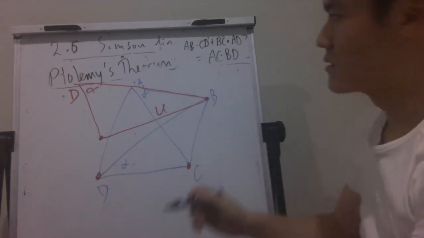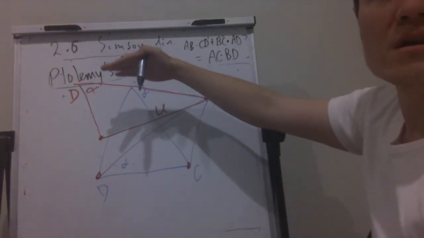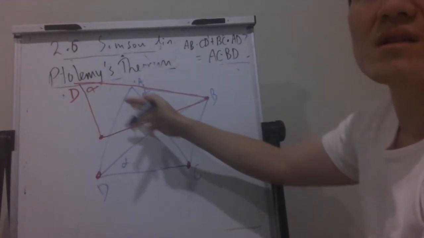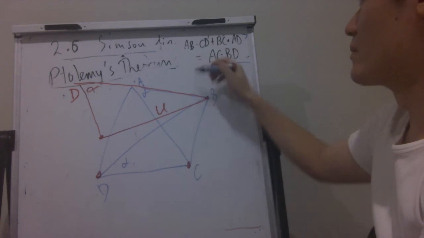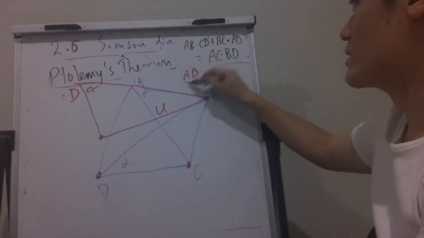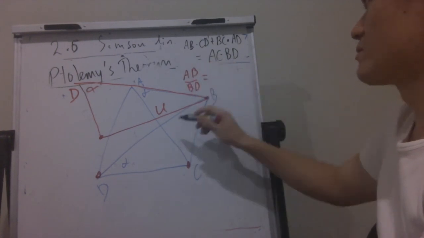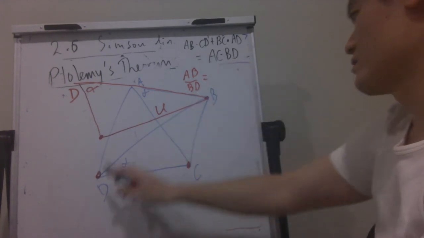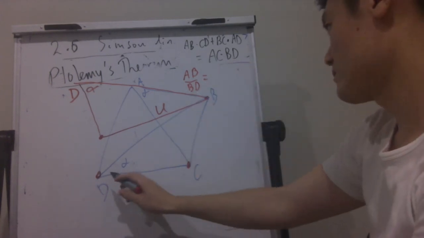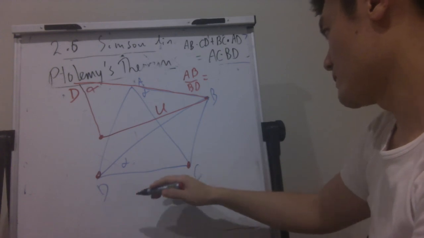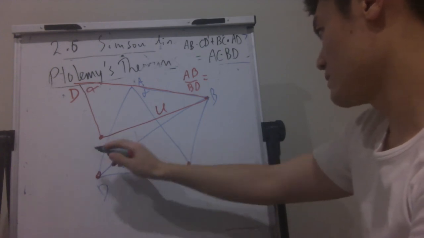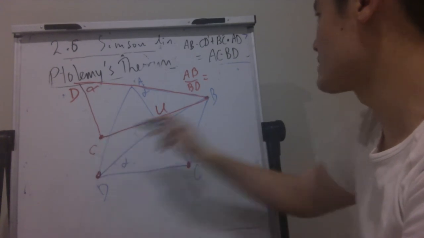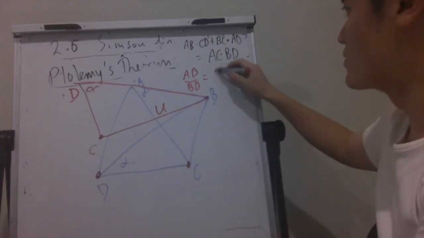So you move it over there, right? Now it's alpha and alpha, so it's similar. So AB on BD is equal to BU on CD. Wait, AU on CD.